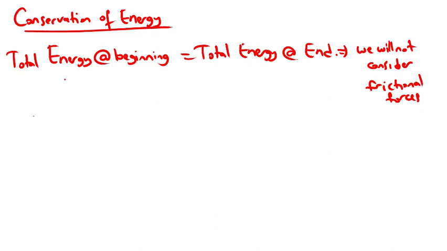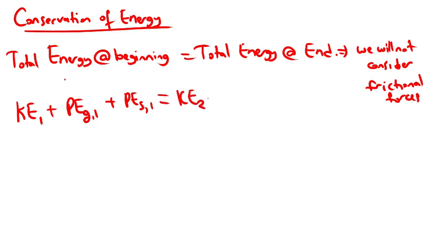So the energy at the beginning can be the kinetic energy, the potential energy due to gravity, and the potential energy due to spring. That will be equal to the kinetic energy at 2, the potential energy due to gravity, and the potential energy due to spring. Okay, this is the conservation of energy.